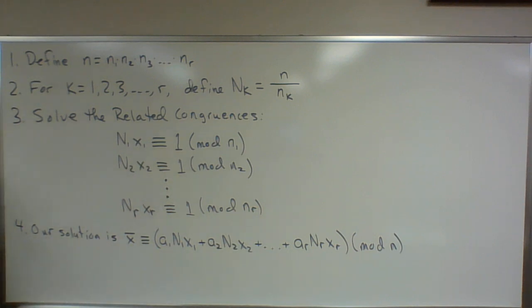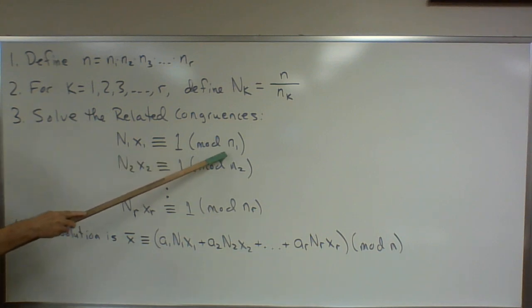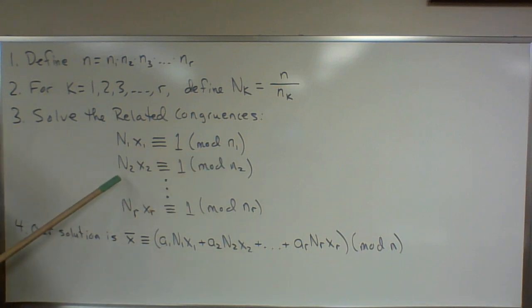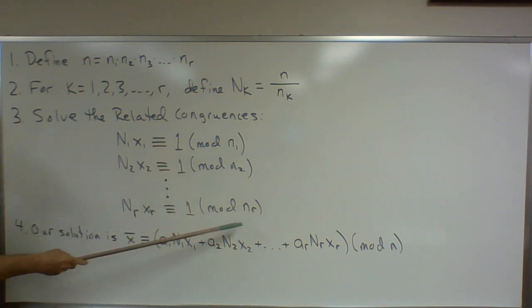Next step, solve the related congruences. N sub 1, x sub 1, congruent to 1 mod n sub 1. N sub 2, x sub 2, congruent to 1 mod n sub 2. Through N sub r, x sub r, congruent to 1 mod n sub r.